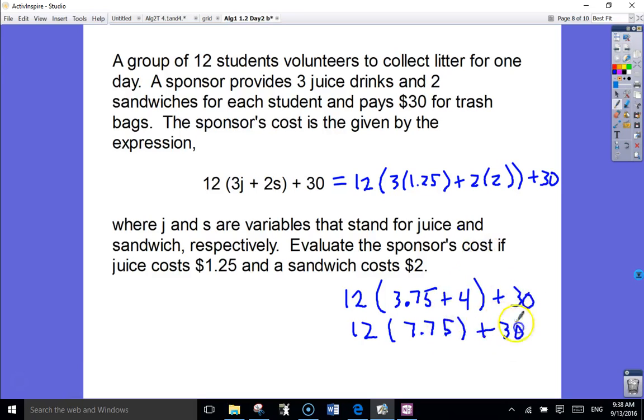Plus 30. Okay, what's 12 times 7.75? 93, sounds right. 93 plus 30. What's 123? So the total cost for the sponsor was $123 to have these kids picking up litter.